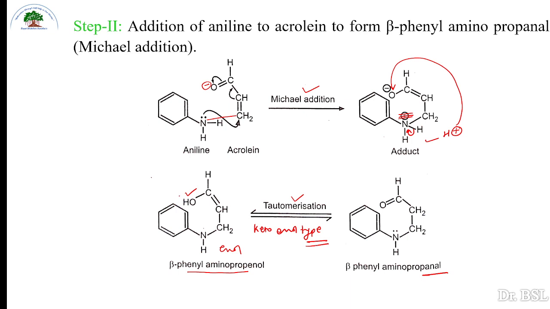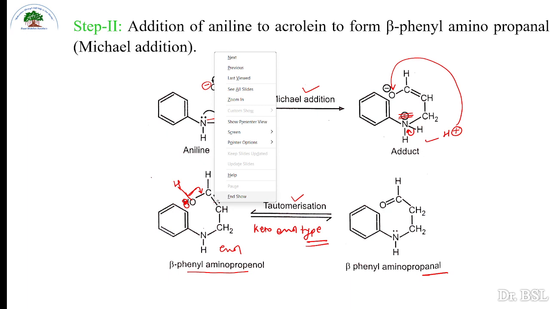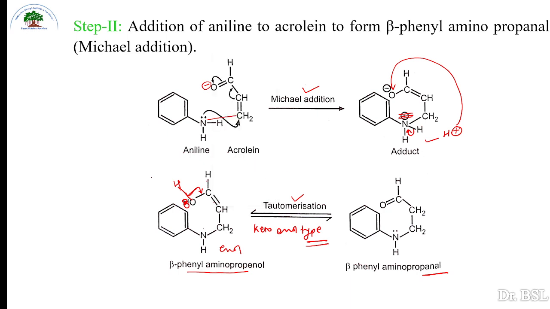So here the reaction takes place like this. Suppose this is OH. What happens? This bond will shift here, and this bond gives rise to C minus.